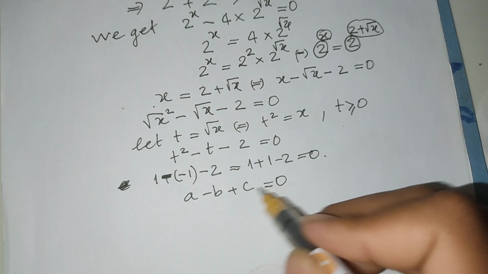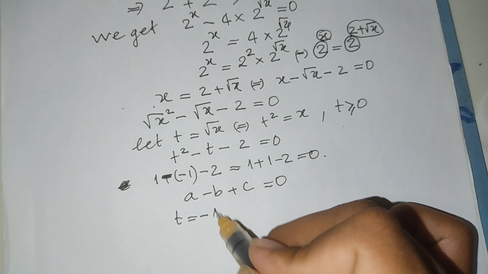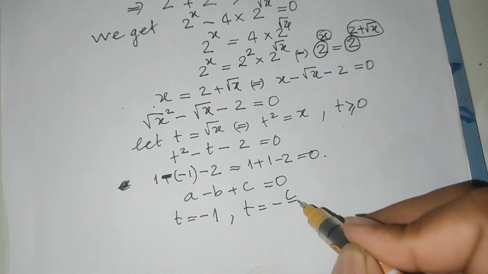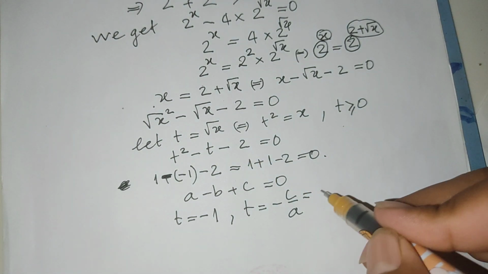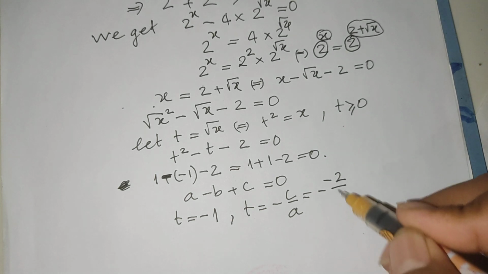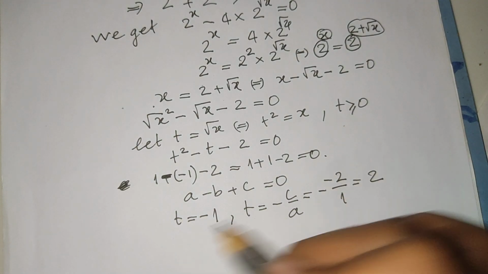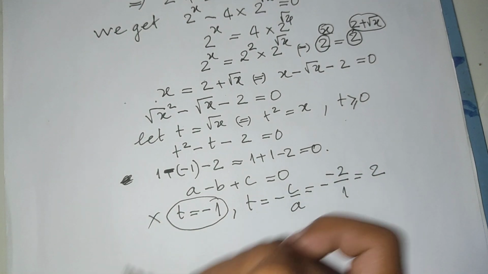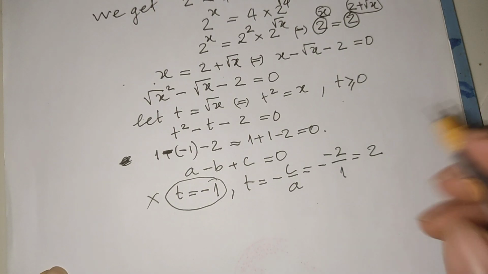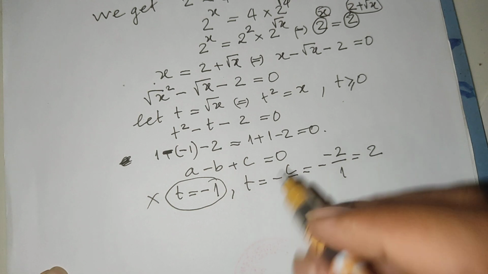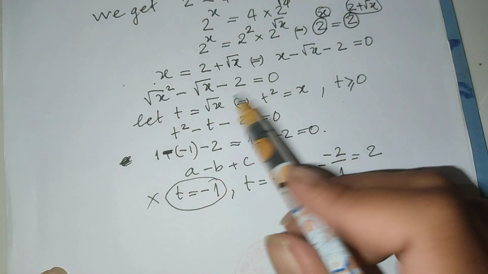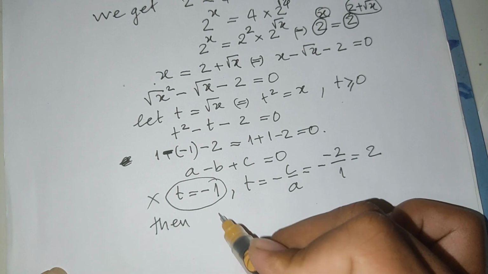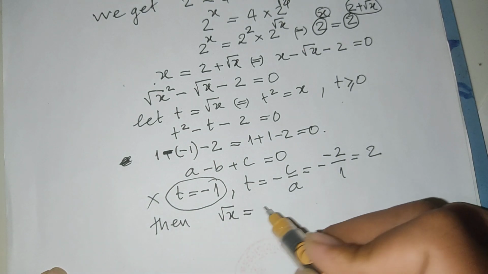So for this we get t equals minus 1 and t equals minus c divided by a, which is minus minus 2 divided by 1, which equals 2. But now t equals minus 1 we do not take. So now we use t equals square root x. So we get square root x equals 2.